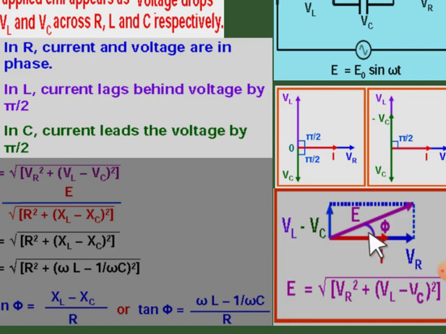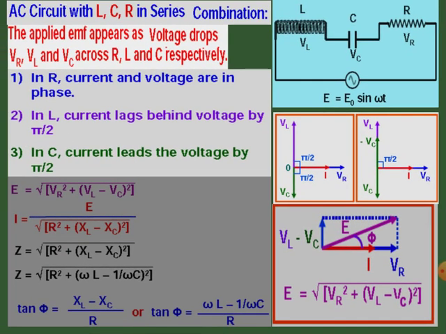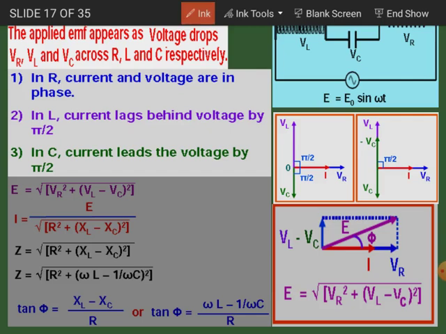If you want to find tangent of phi, you need to take perpendicular divided by base. Perpendicular is VL minus VC, and base is VR. So tangent of phi will be equal to VL minus VC divided by VR.